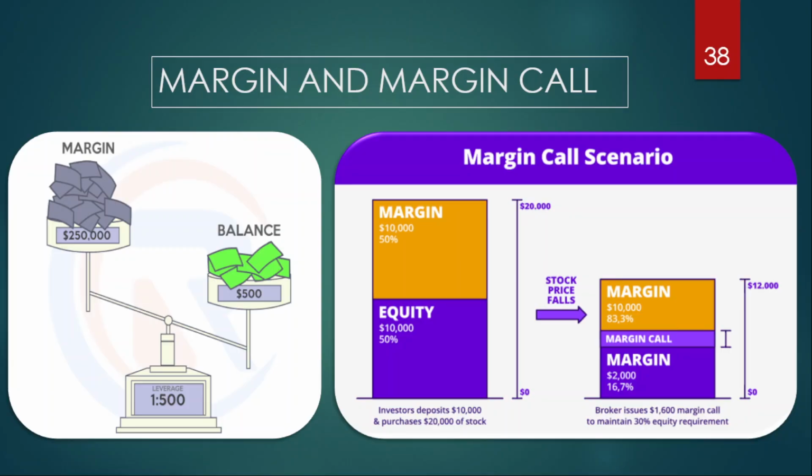Let me make another example. Suppose you have $2,000 in your account. When your loss reaches $1,000, the broker might give you a message to say that you should be aware of your margin.